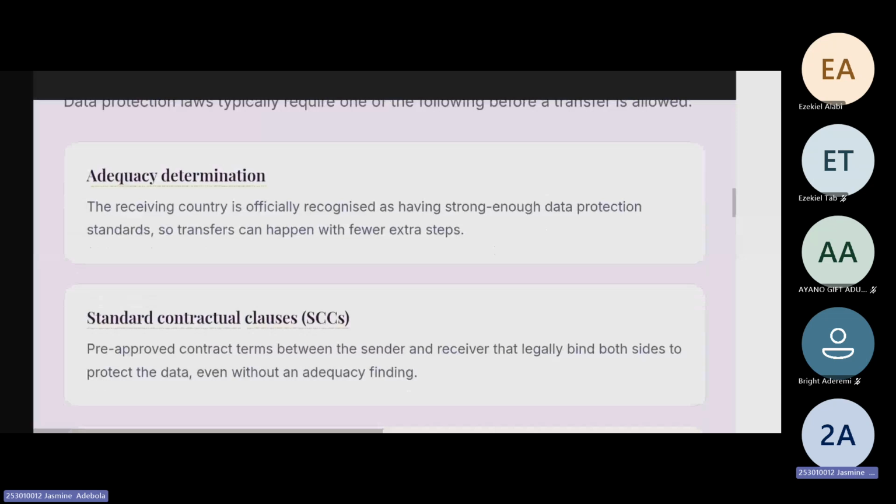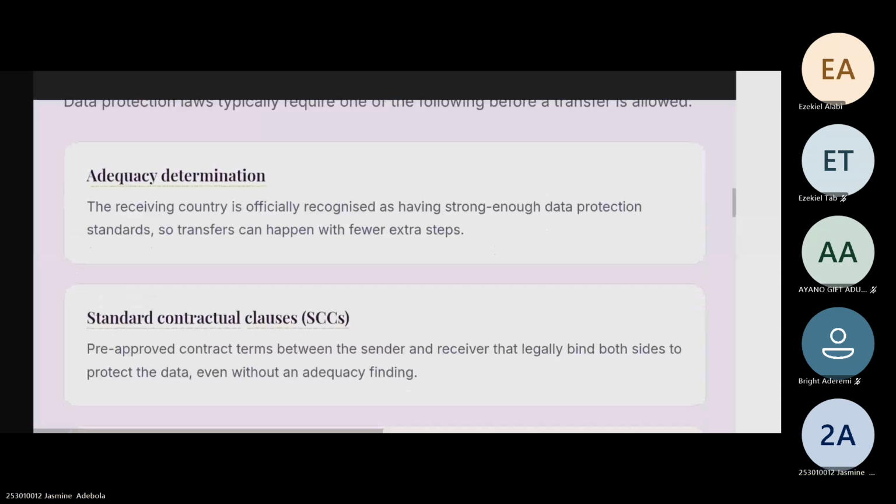Binding corporate rules, BCR, are an internal rule book approved by a regulator that lets a single company move data safely between its offices in different countries. If a company has branches in different countries, they are allowed to move data across to those branches. Then there's consent: if I say you can have my data, I allow you to transfer it to this country. That's a requirement as well.